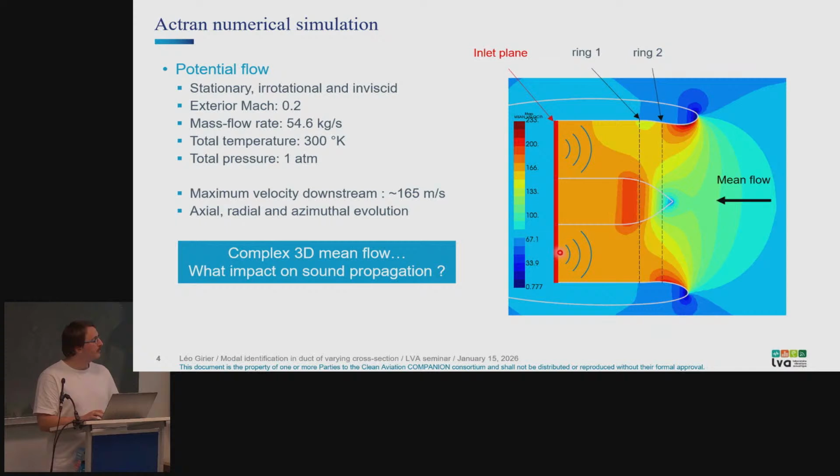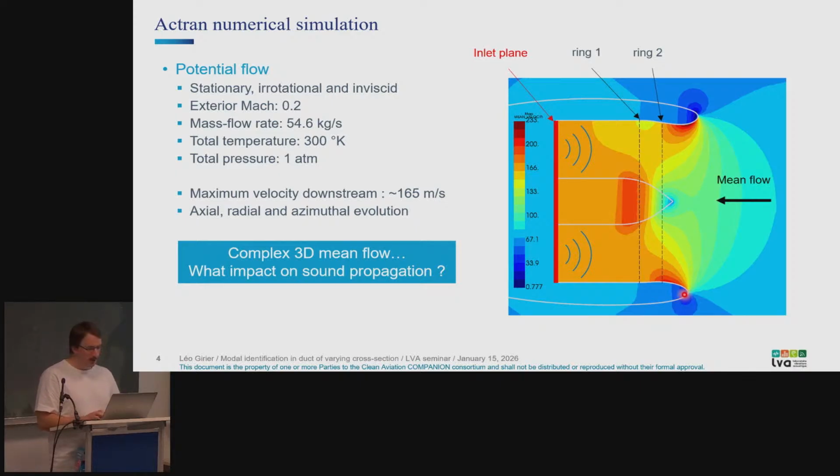And enforcing this boundary condition and solving for the wave equation, you get the propagation in this complex geometry and mean flow. So you can have this propagation for each mode at each frequency, and this will serve as a basis for us to see if we're able to correctly identify them and model them.